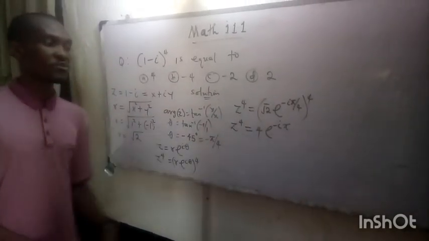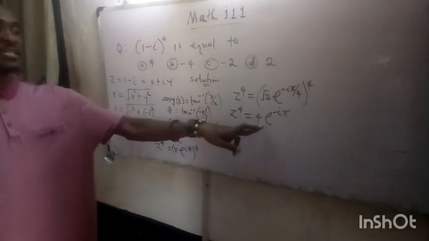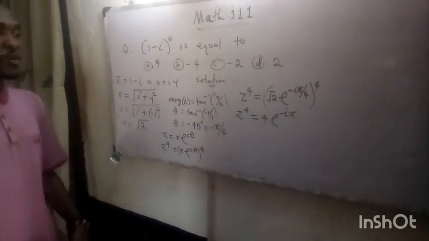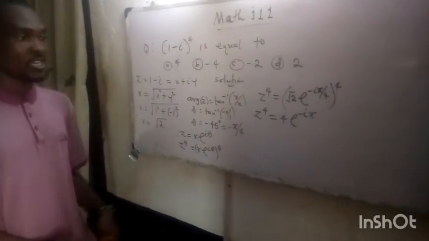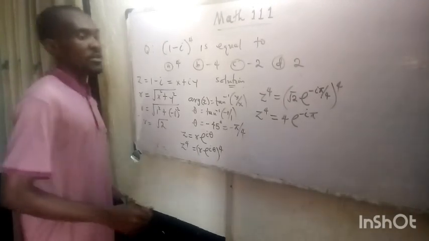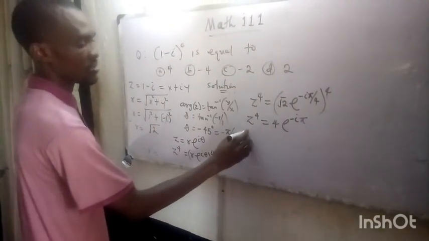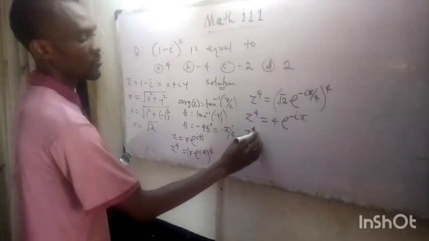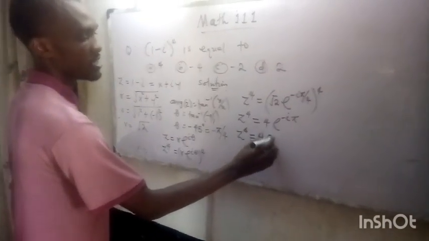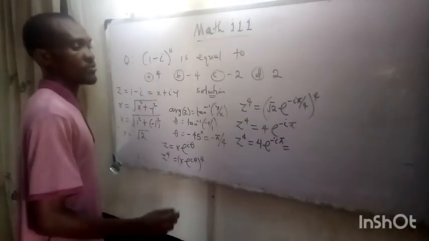So this becomes the value of this complex number in the exponential form. So I'm now going to rewrite this into the trig form in order to obtain the particular value of the answer. So z to the power 4 is 4 e to the minus i pi.